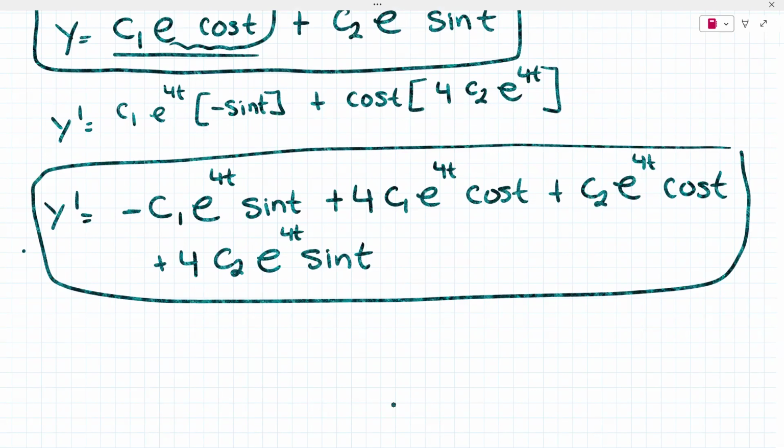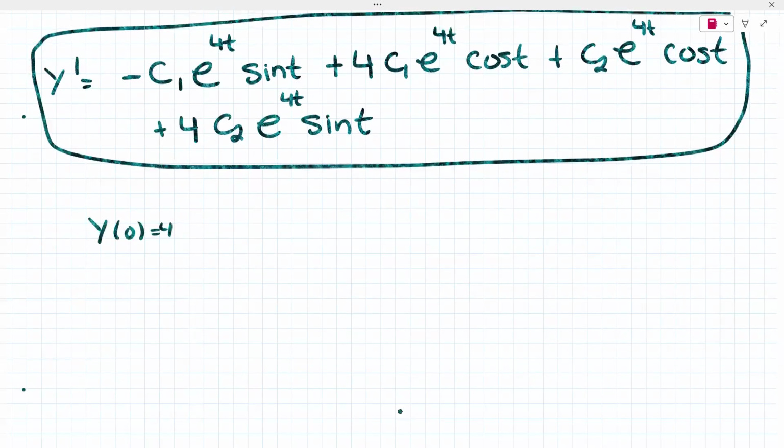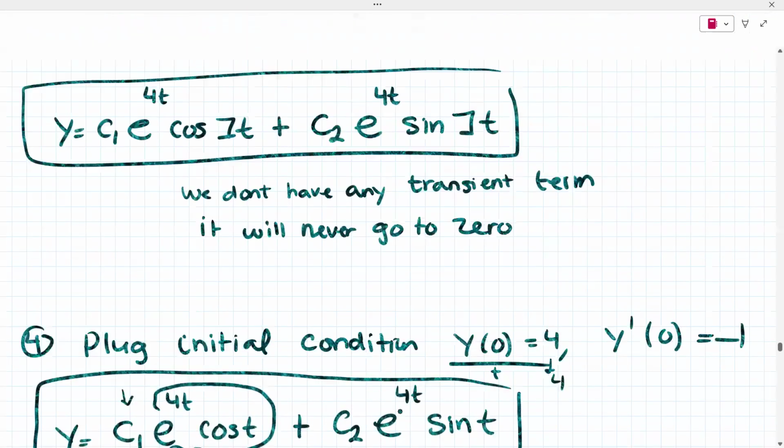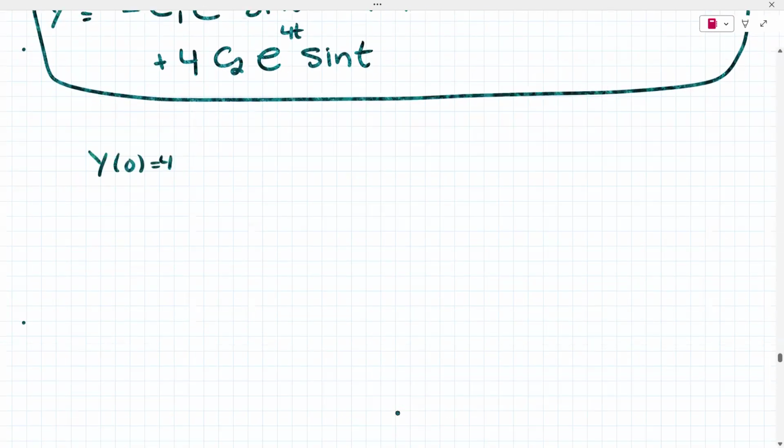So let's plug in our initial condition of y of 0 equals 4. Wait, I made a mistake right here. This should be negative 4. I don't know why I put positive 4. So yeah, let's do that.